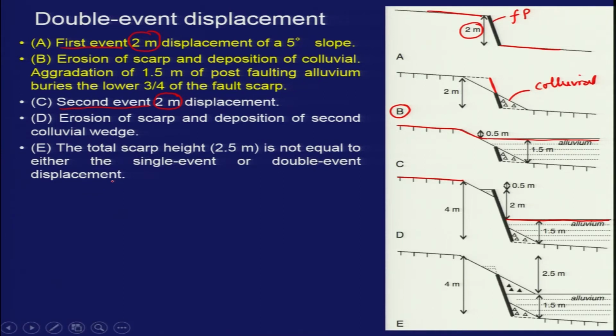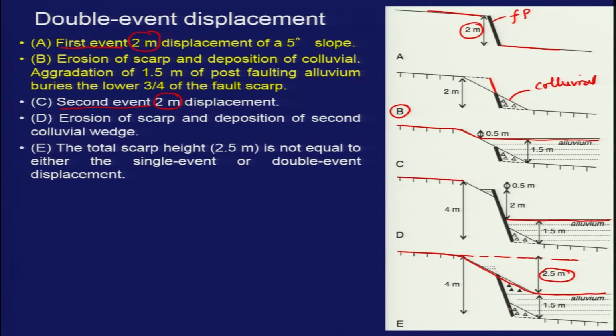Now, you will not be able to figure this out unless you have the complete section exposed. Okay. So, after earthquake event 2, after the erosion and all that, you will have a profile something like this. Okay. So, this height you take, then it will be 2.5 meter.